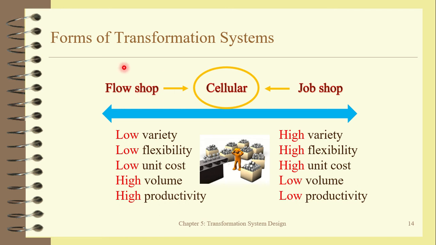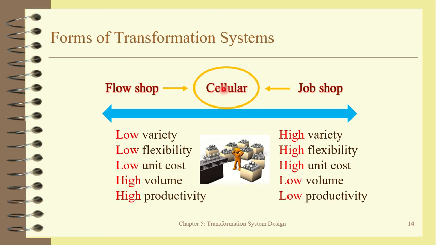For the flow shop, the focusing point is normally the efficiency of the system. And for the job shop, they focus on the variety of the product that they can offer. So the cellular shop is in the middle between these two.